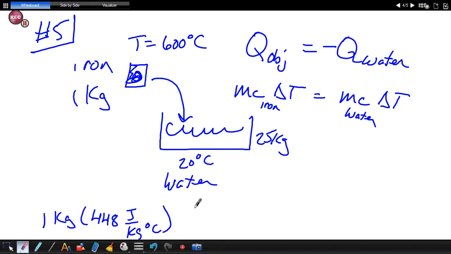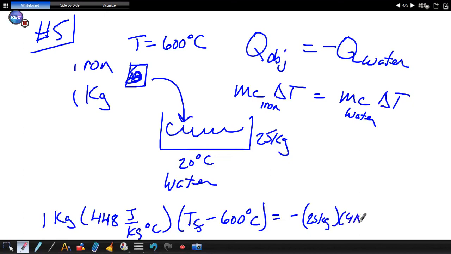And now here's the thing, we don't know what delta T is. These are different delta T's. The iron cools off, so we'll have T final minus 600 degrees Celsius, which equals minus 25 kilograms times 4186 joules per kilogram degrees Celsius, times the change for the water, which is T final minus 20 degrees Celsius.